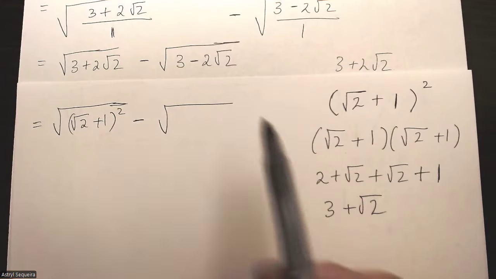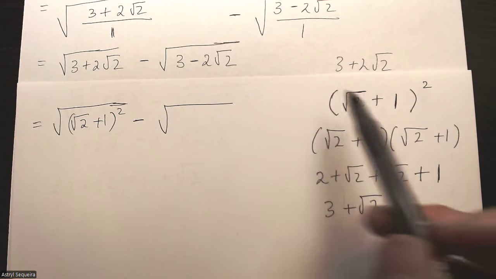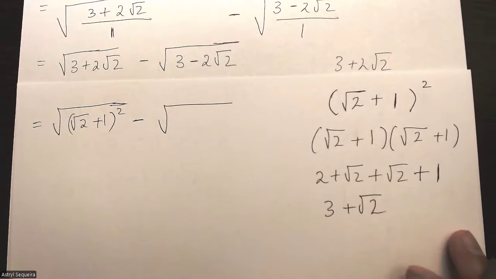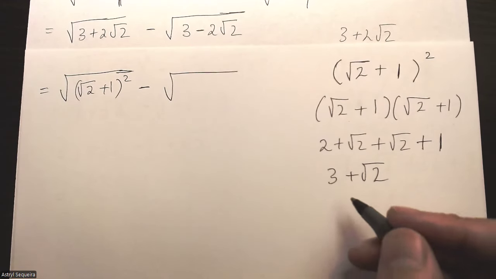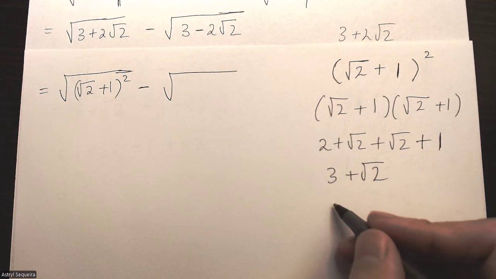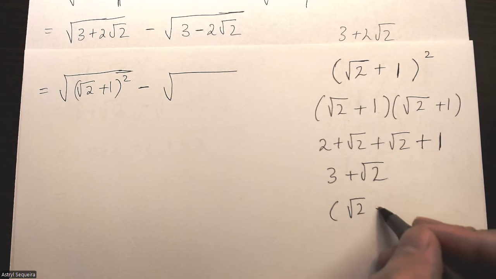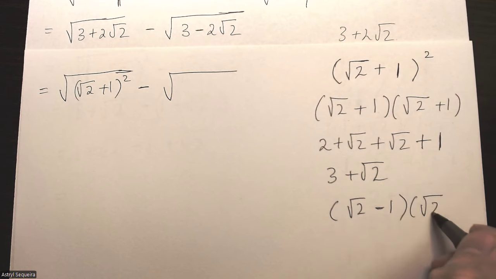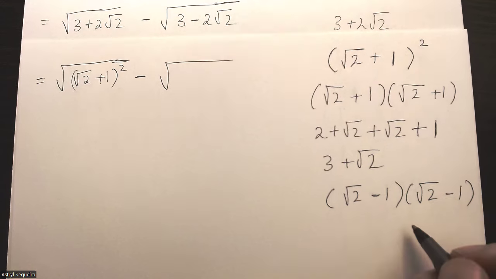And this one would be the exact same expansion, except instead of plus, it would be a minus, I believe, but let me double check it. So root 2 minus 1 times root 2 minus 1.